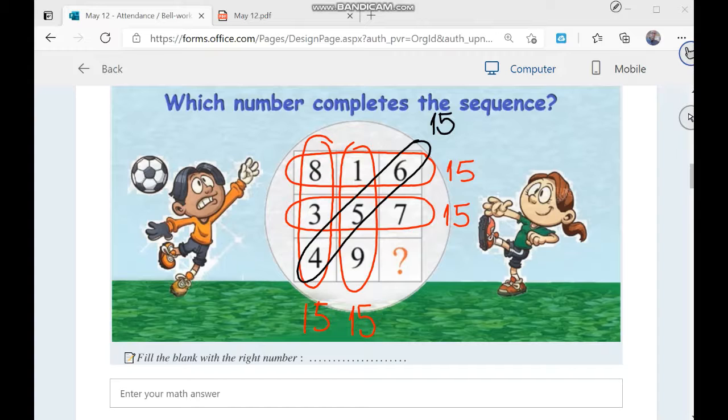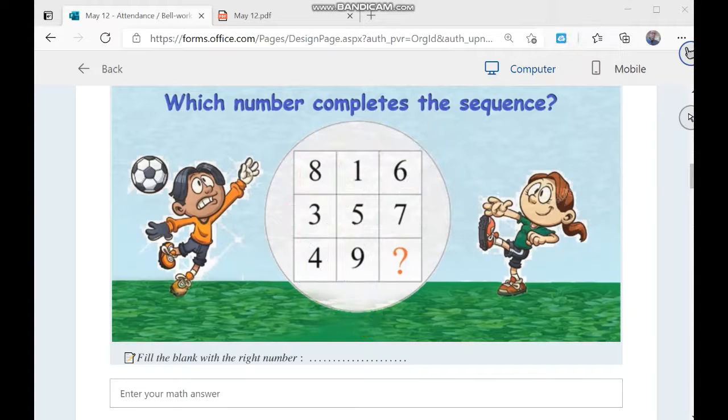Another thing we can notice is that we have the numbers 1, 3, 4, 5, 6, 7, 8, 9. We kind of have all the digits, right? We just don't have 0 and 2. So if you try number 2, let's check if it makes sense.